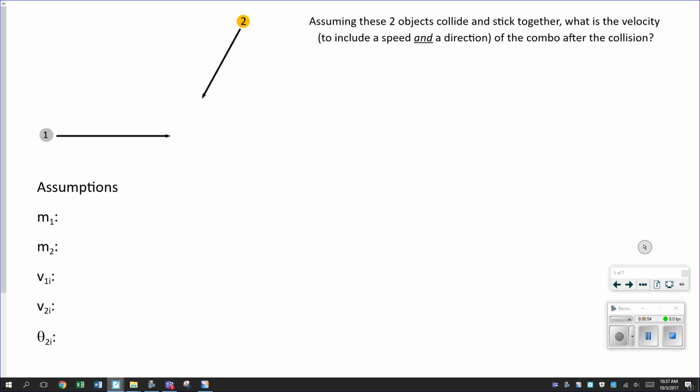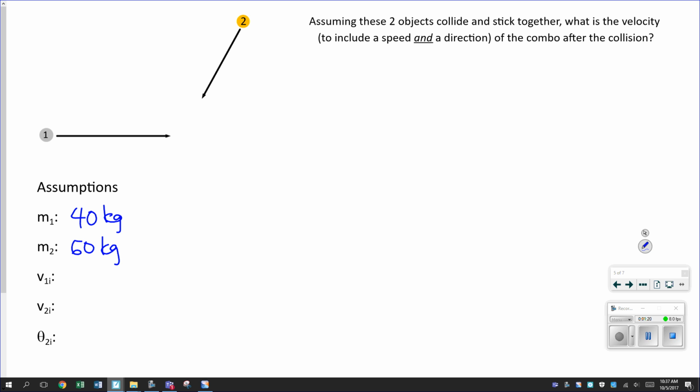So let's make some assumptions. Here's two objects that are going to interact. They're going to stick together, says our statement of the problem. Let's just define some quantities. Let's say that M1 is 40 kilograms, and number 2 here, let's make that 60 kilograms.